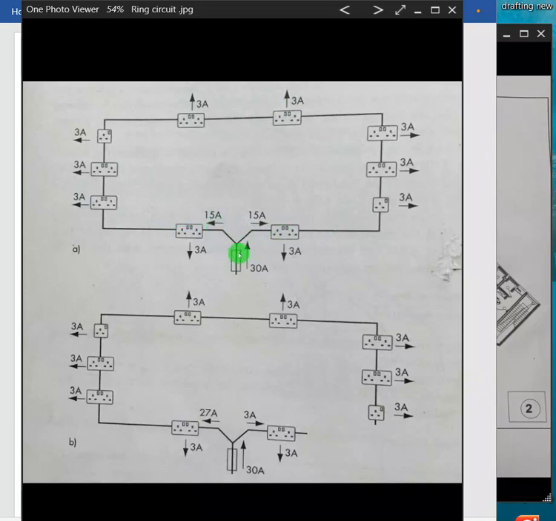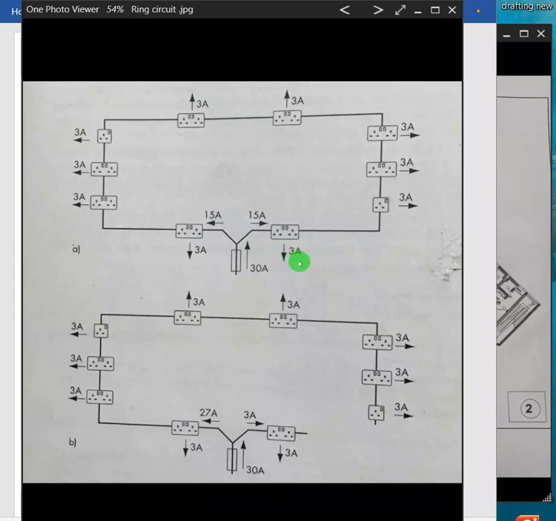So both of them should go and terminate on the same MCB. The current arrangement is such that the current will flow from here and also come back from here. That is the ring. So that is the meaning of ring. You can see that it's being protected by 30 amps. And with that 30 amps, each of the sockets should be assigned 3 amps.